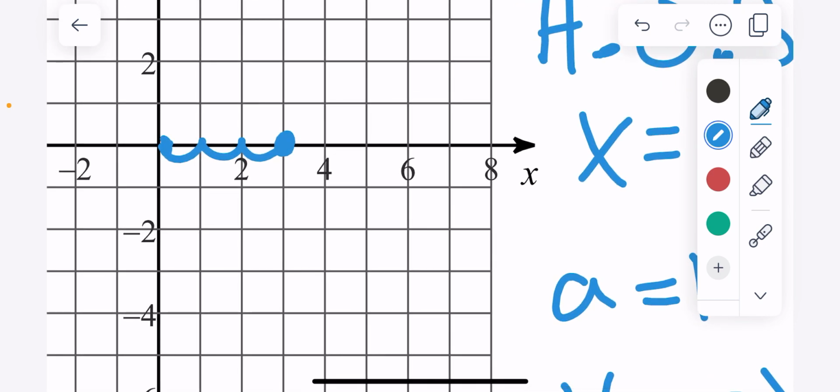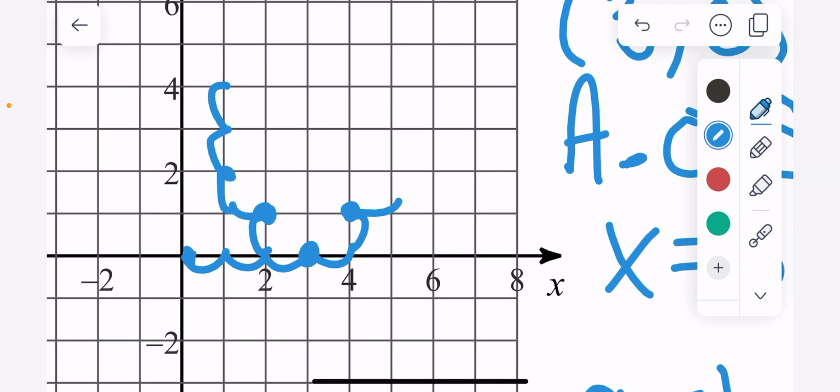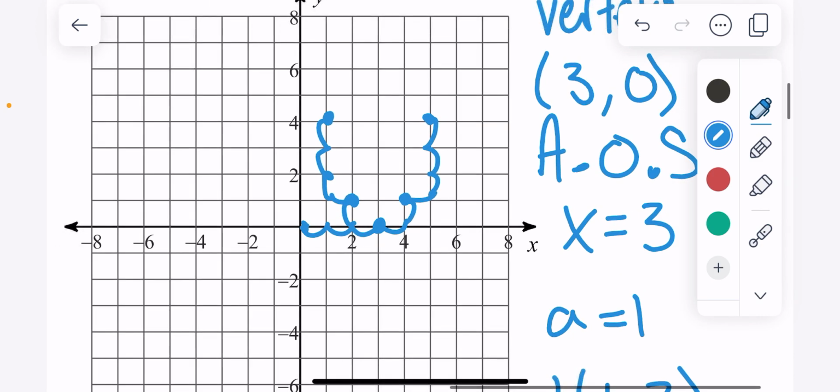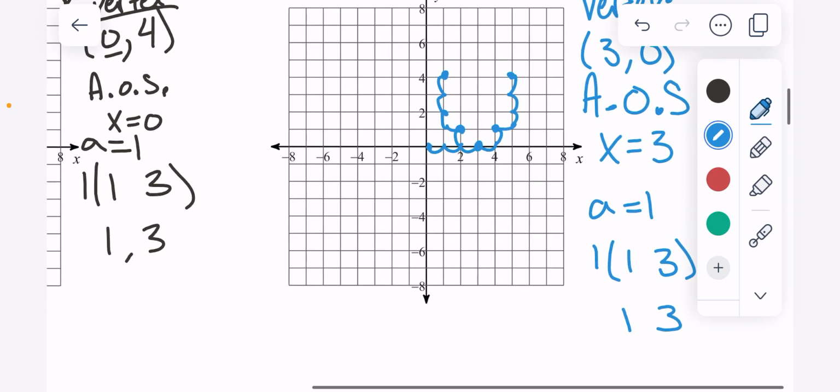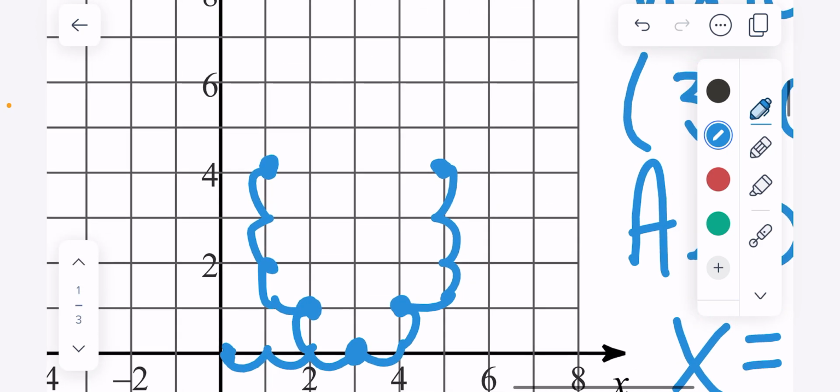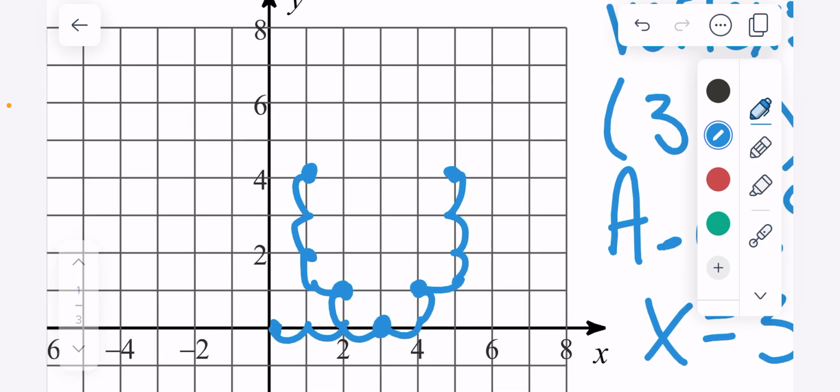So from this point, we're going to go left, right, 1, up 1, left, right, always 1 again, and then up 3. So the 1, 3 is just my rise. I'm always running 1, both to the left and the right, but the rise comes from 1, 3. Okay, and then we can graph this.